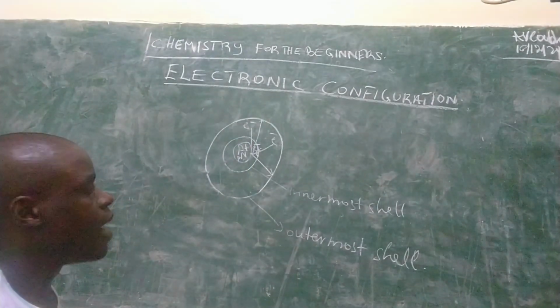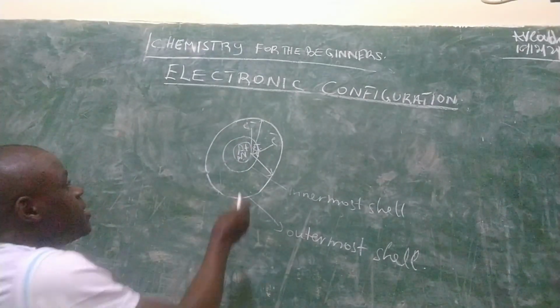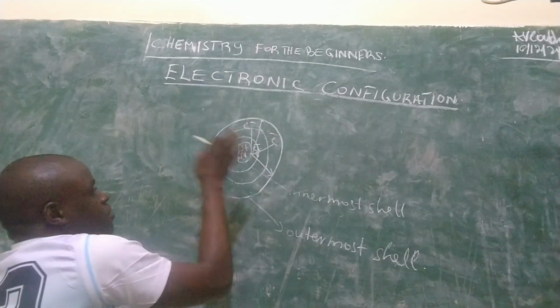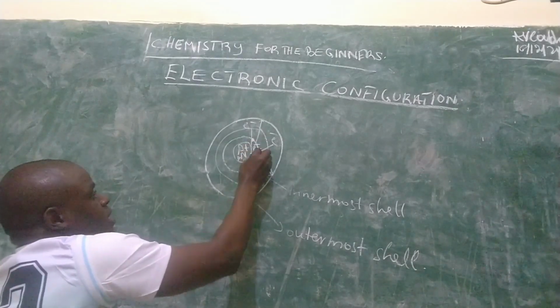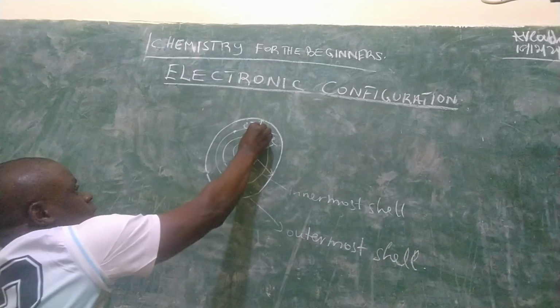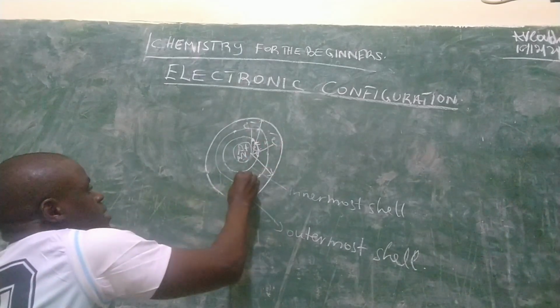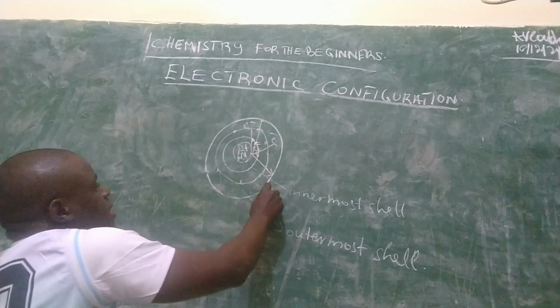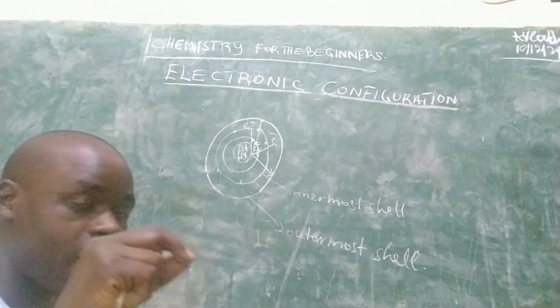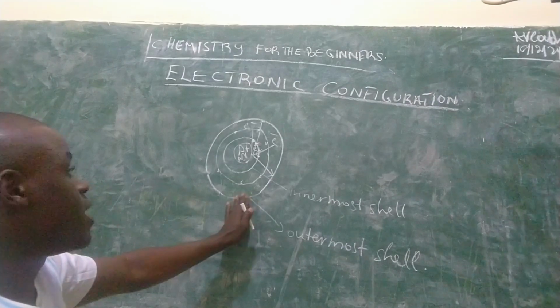When they take the first picture, they see maybe 2 electrons here, and here they see 8 electrons, and here also 8 electrons. It can also depend on the number of electrons in an atom. If there are many, you can find more here.